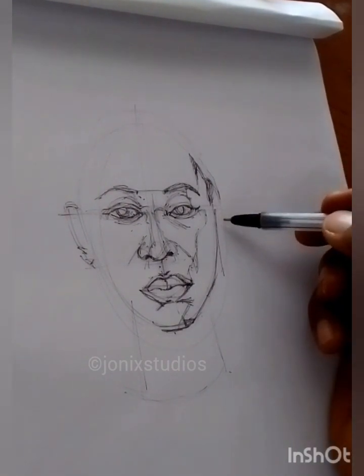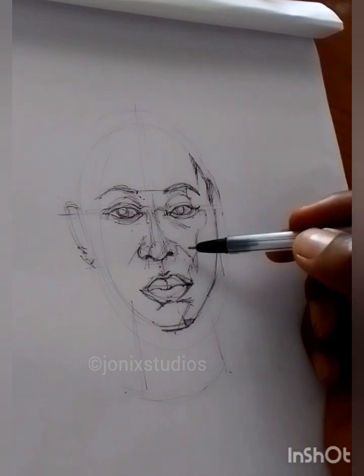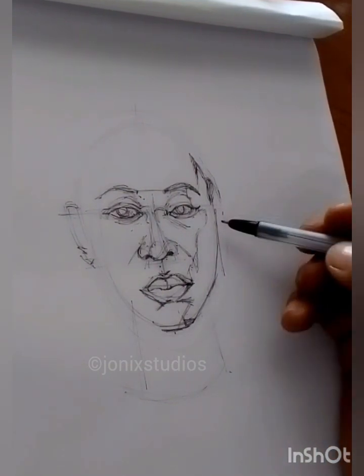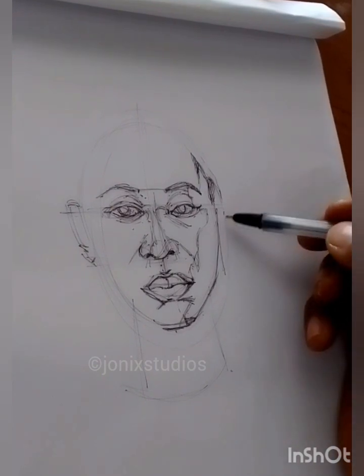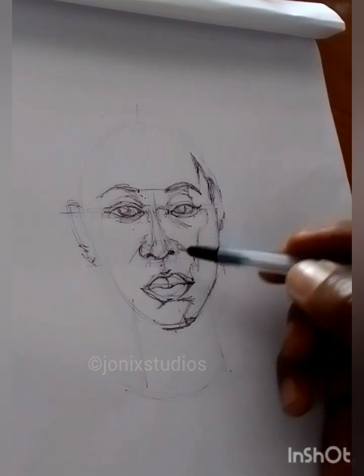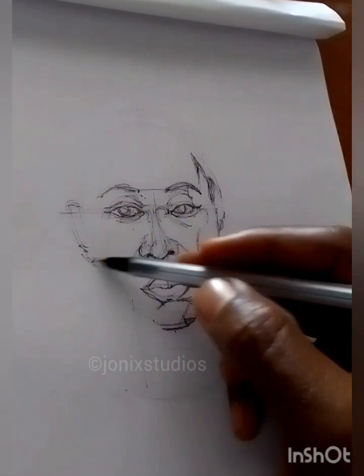Okay, then we can put in the ear. Still on the same spots.